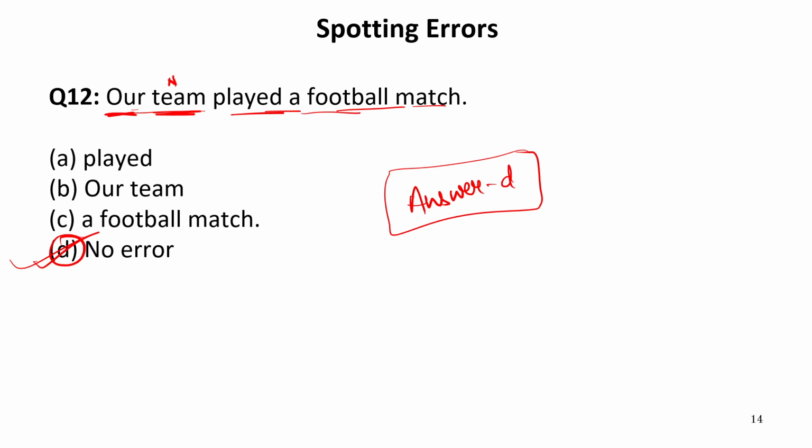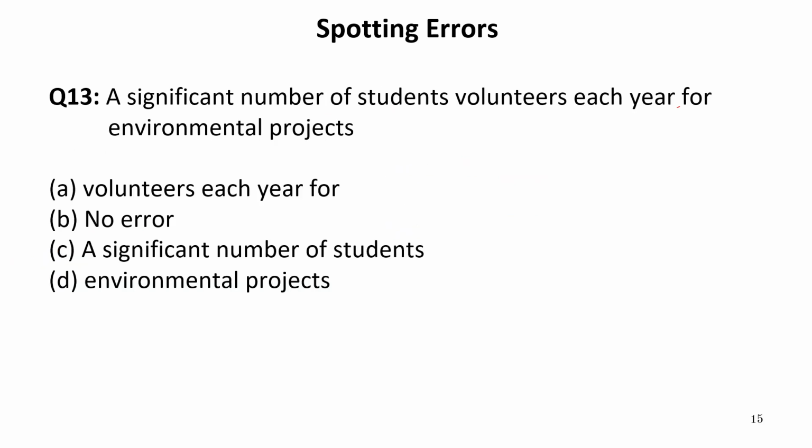Now let us move to the next one. Next sentence is, a significant number of students volunteers each year for environmental projects. Now in this sentence, we have a significant number of students. Whenever we have a phrase, a number of, it should be followed by plural noun.